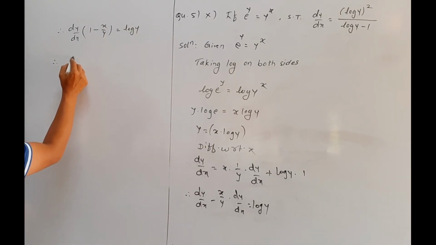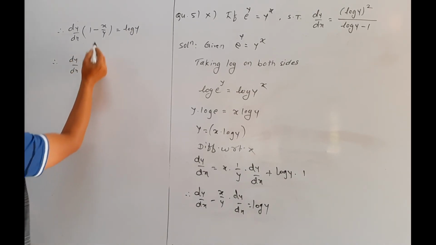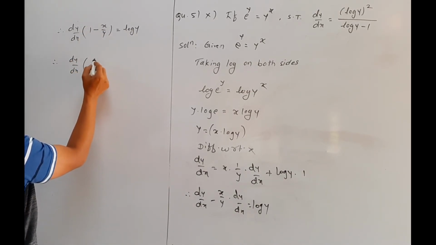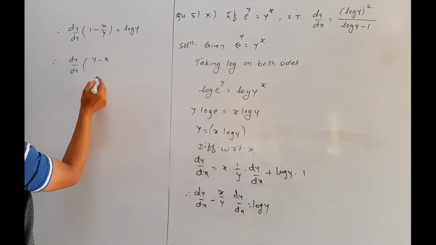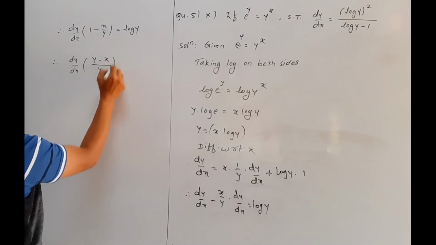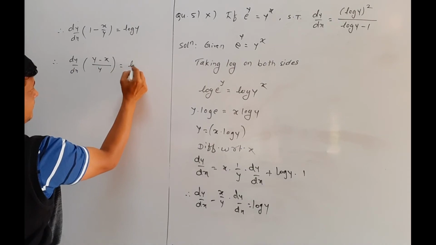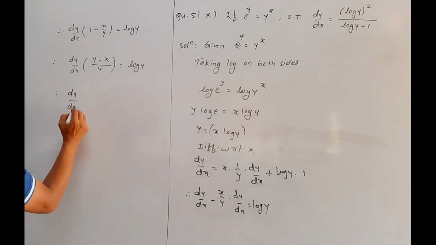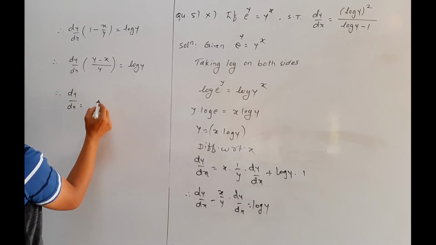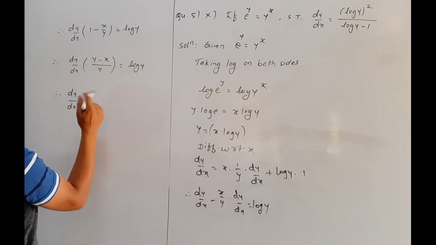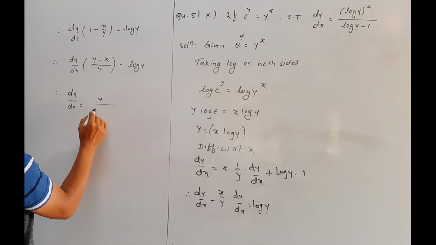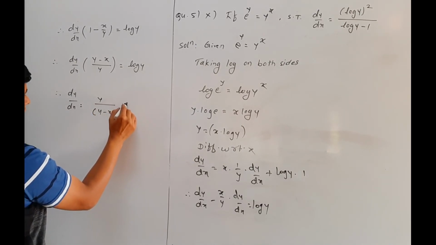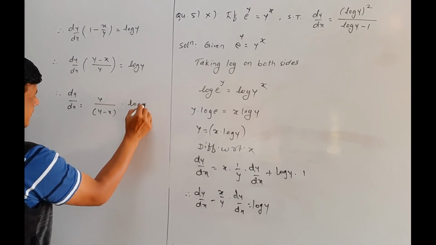Therefore for dy by dx we cross multiply in this bracket. So we get (y minus x) upon y is equal to log y. Therefore dy by dx is equal to, we transfer this (y minus x) upon y to the right hand side. So we get y upon (y minus x) into log y.